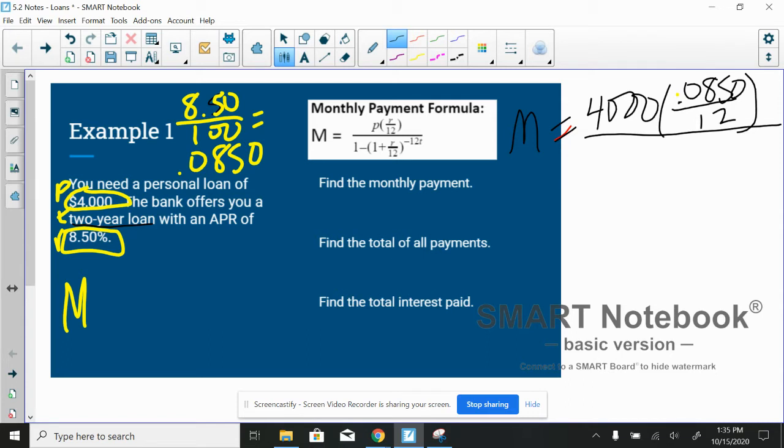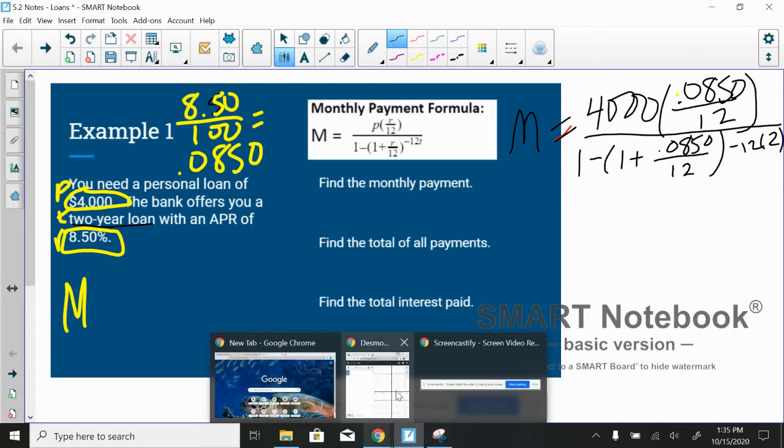That's everything in my numerator, nothing crazy. In the denominator, it looks like 1 minus 1 plus the same fraction, 0.0850 divided by 12. And the most important thing here is that this exponent is going to be negative 12 times the time value, and in this scenario, it was 2.